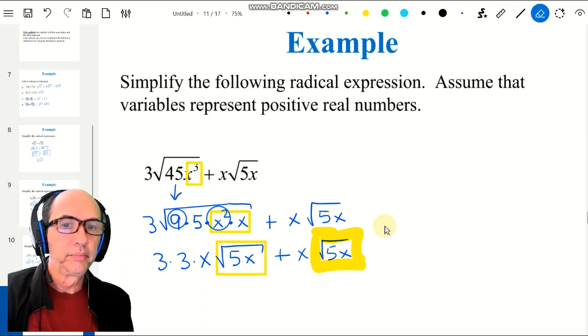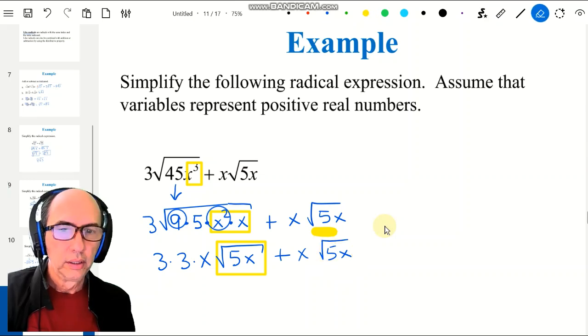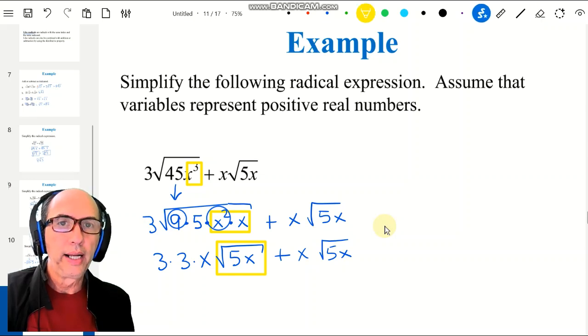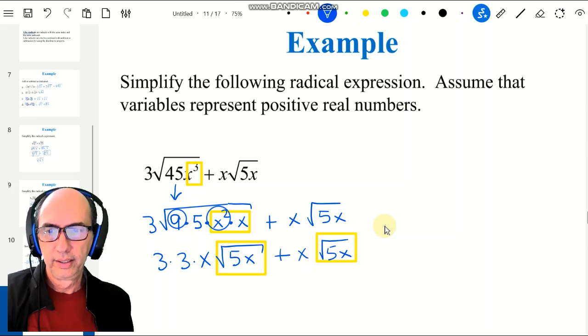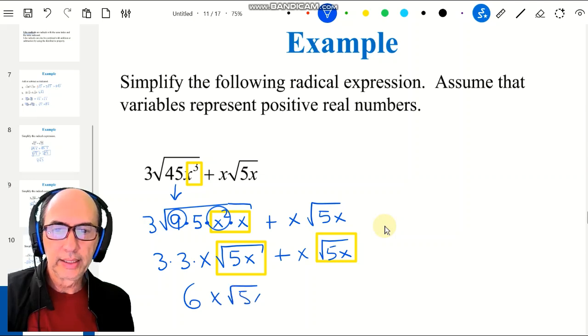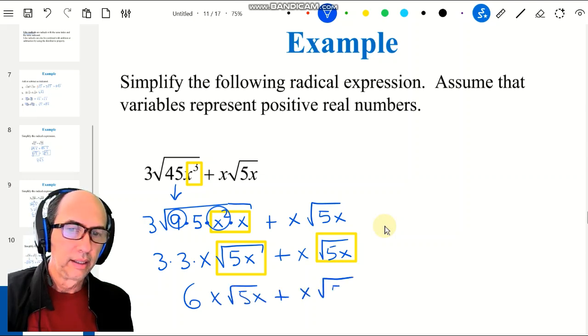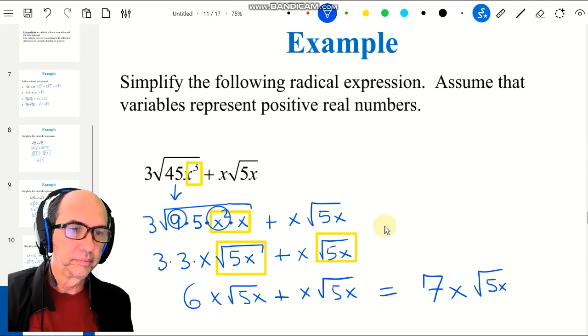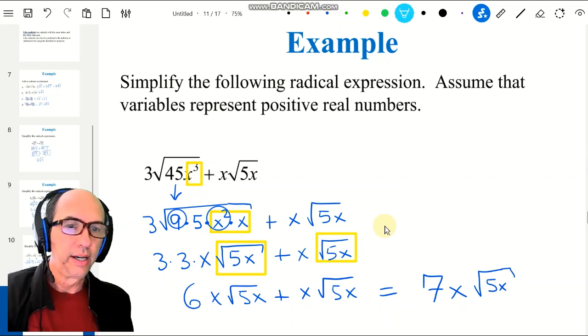And we can just combine the coefficients. 3 times 3 is 9, 9x, 9x plus x equals 10x, square root of 5x. That's the final answer.